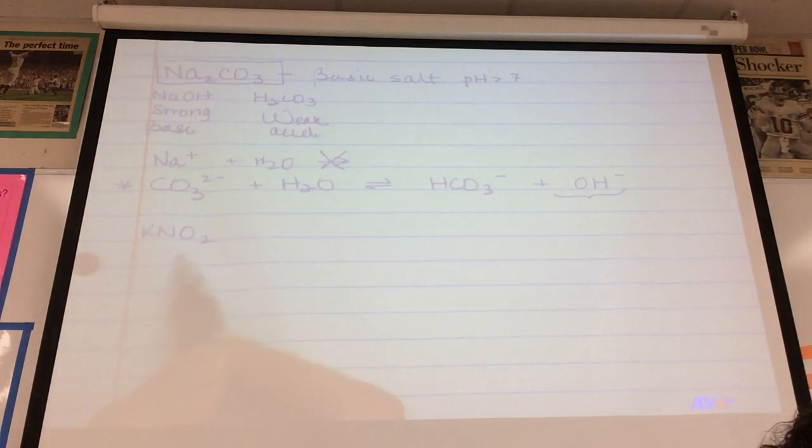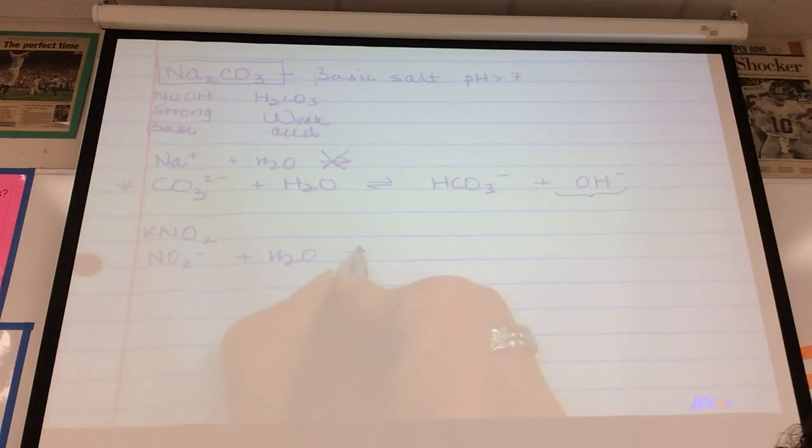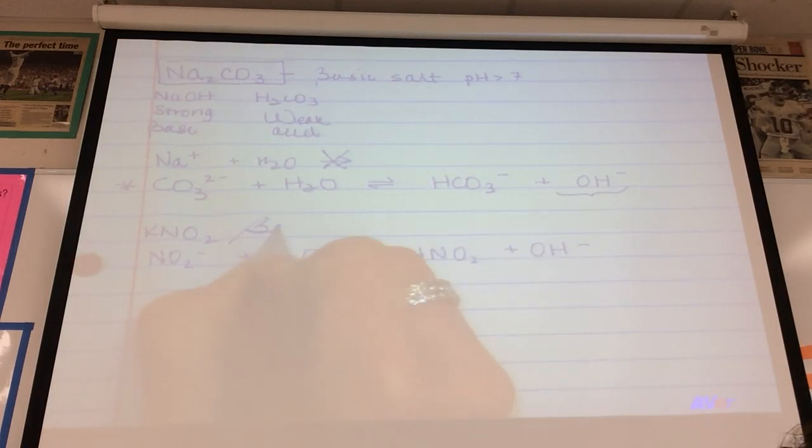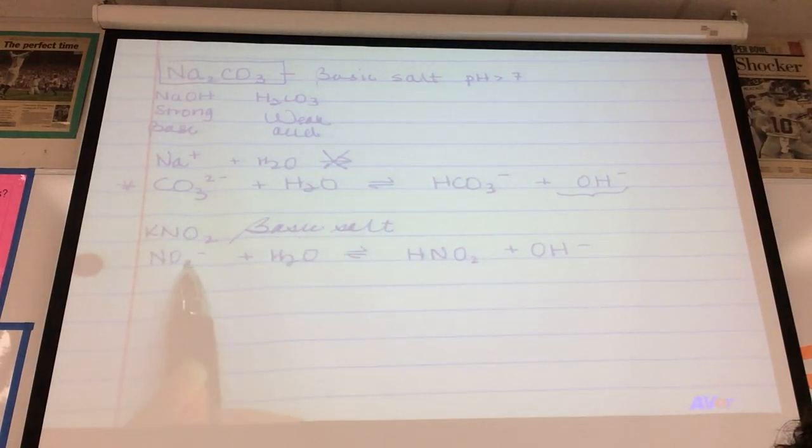Which ion in potassium nitrite hydrolyzes? Nitrite ion. And it too generates hydroxide ion, hence this salt is basic. So if asked, you can indicate that the nitrite ion hydrolyzes generating hydroxide ion, hence the salt is basic in a part 2 scenario.